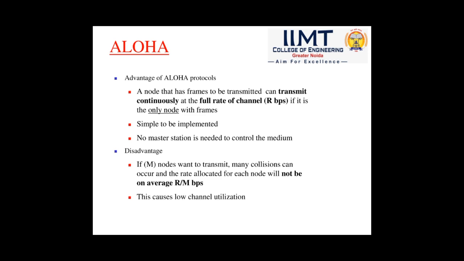In this case no collision happens, and the station will utilize the channel to the maximum. It is simple to implement, and no master station is needed to control the medium. So all these are advantages. Here we can continuously transmit data if only a single station is present.